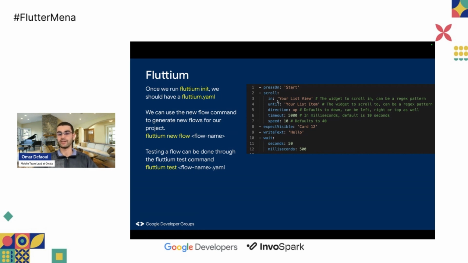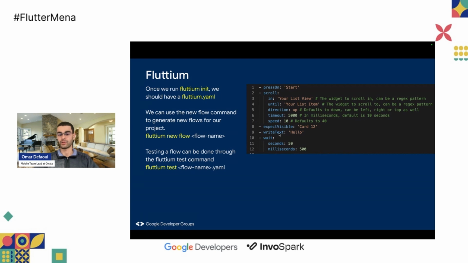We provide the list view and then the item where we should stop scrolling, the direction, the timeout, and also the speed. Then we have expect visible. It's like doing find by text. If we find card 12, we should have at least one element with this text to say that we expect visible.